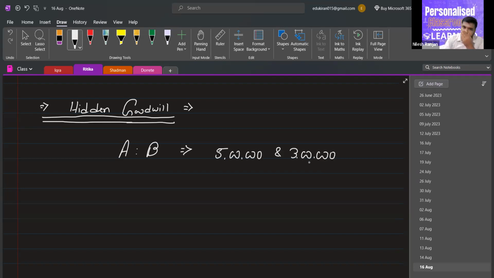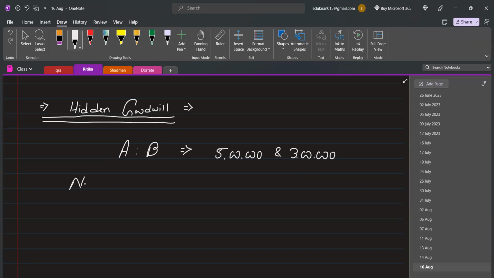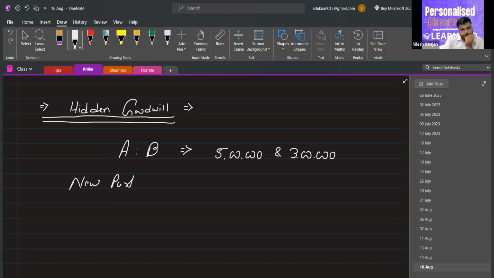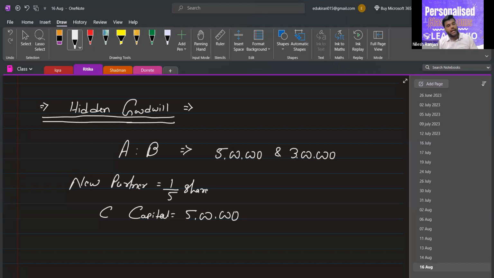A new partner C is admitted for 1/5 share, and C's capital is 5 lakhs. So only this information is given. Now they tell you to pass the journal entry for capital and premium. What will you do here?